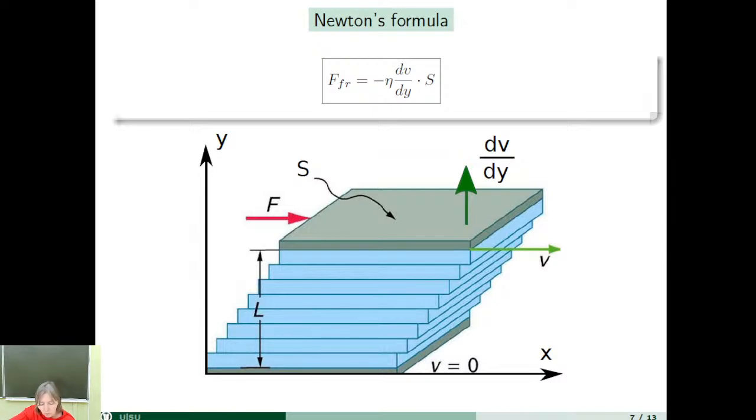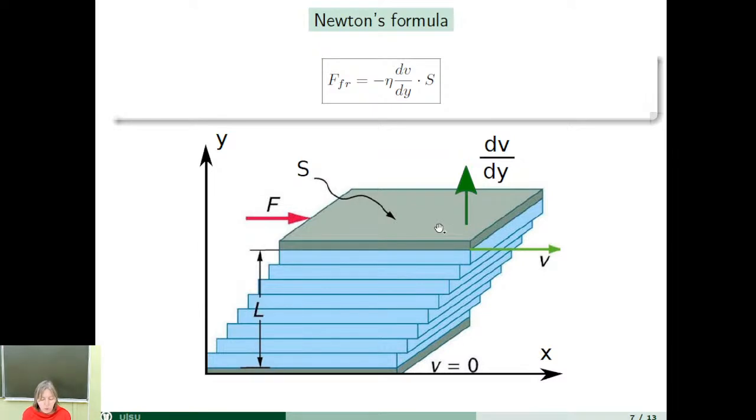The gradient of speed between layers is a change of speed divided by length, dv divided by length dy, in the direction perpendicular to speed. And this speed gradient is perpendicular to speed.